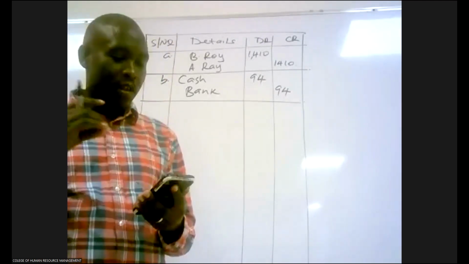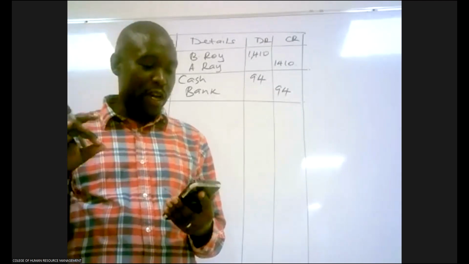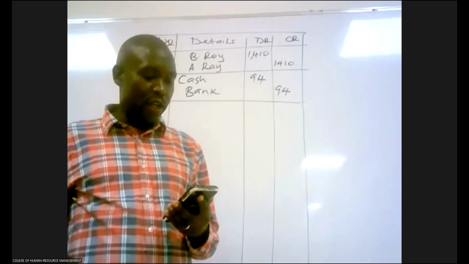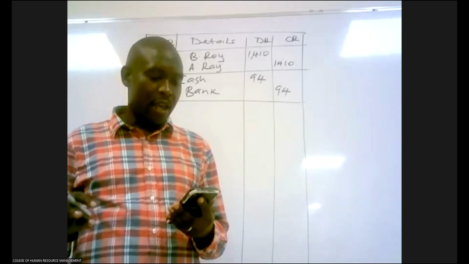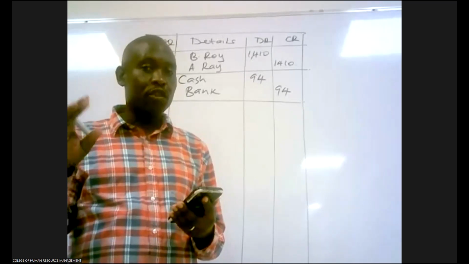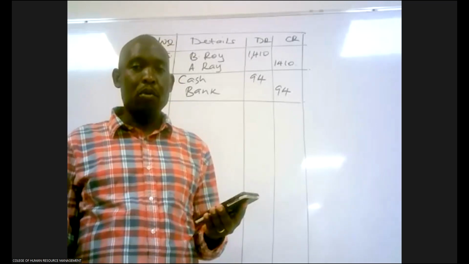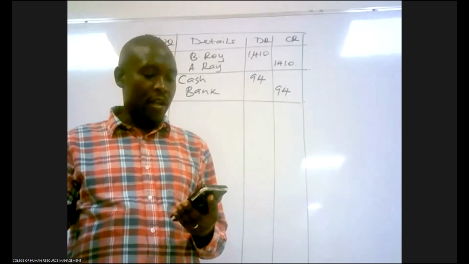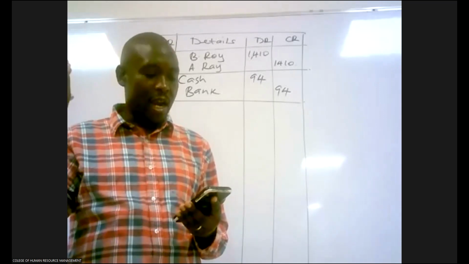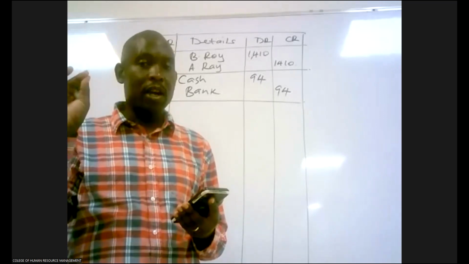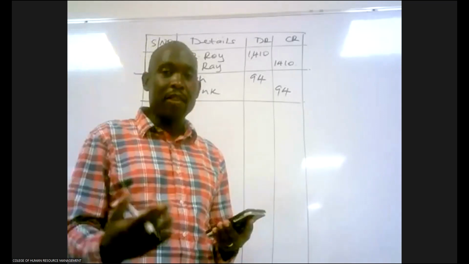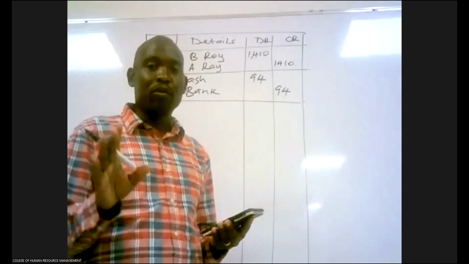Okay, let me read the statement so that we can fine-tune areas that are not clear. A check of 94 paid for printing had been entered in the cash column. They have not talked about the cash book here. They are specific: that amount has been entered in the cash column of the cash book. We are heading to the cash books.